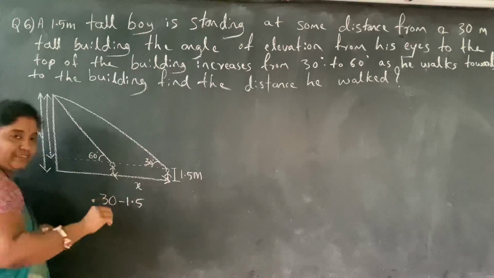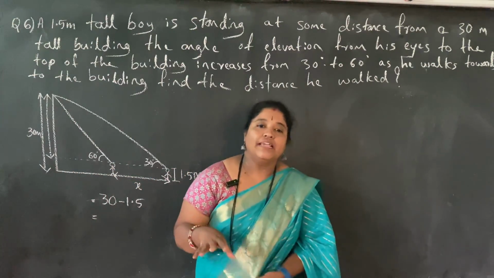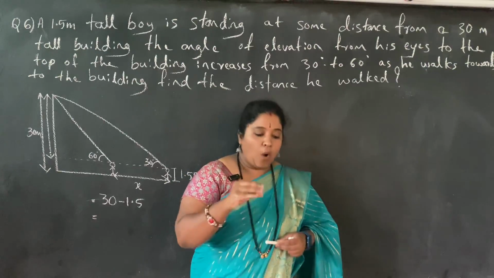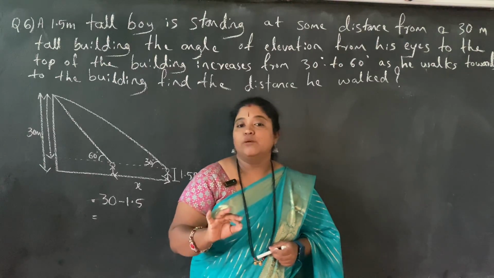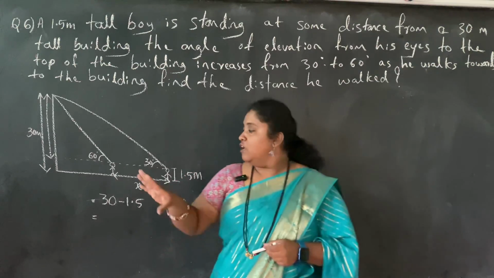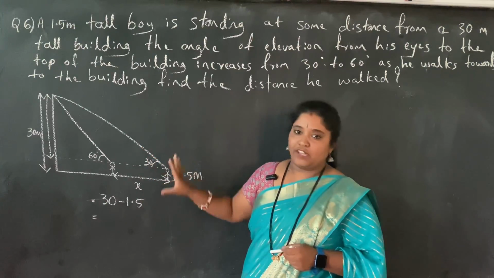Why? Because 30 is the total height of the building, but 1.5 meter is negligible because the horizontal level starts from the boy's eyesight and the height of the boy is provided as 1.5 meter. So the height below, that is 1.5, is waste.